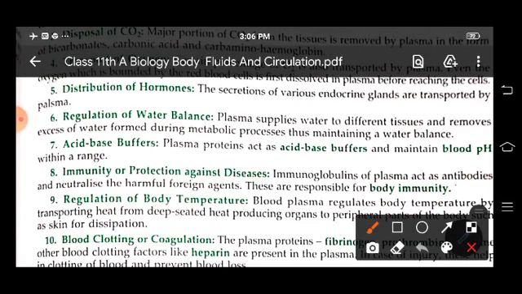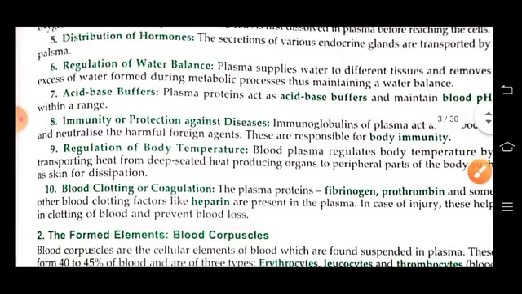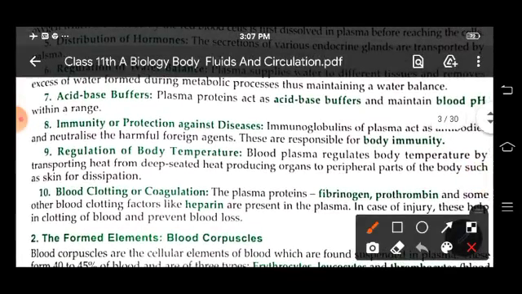Immunoglobulins of plasma act as antibodies and neutralize harmful foreign agents. It also helps in the regulation of body temperature by transporting heat from deep-seated heat-producing organs to peripheral parts of the body like the skin.